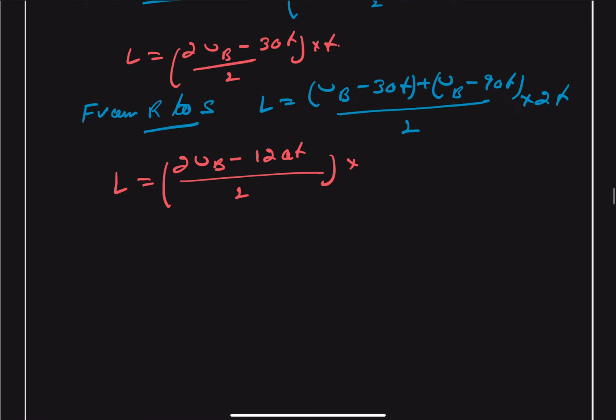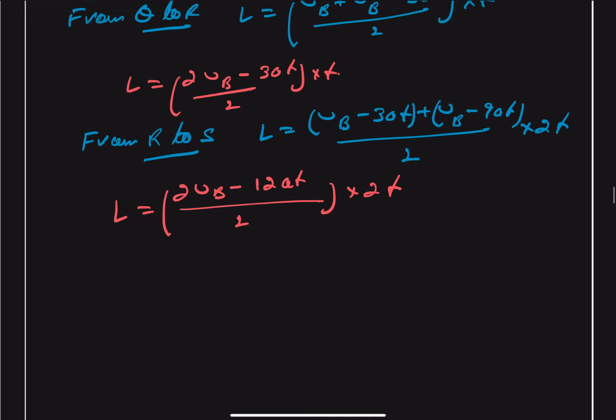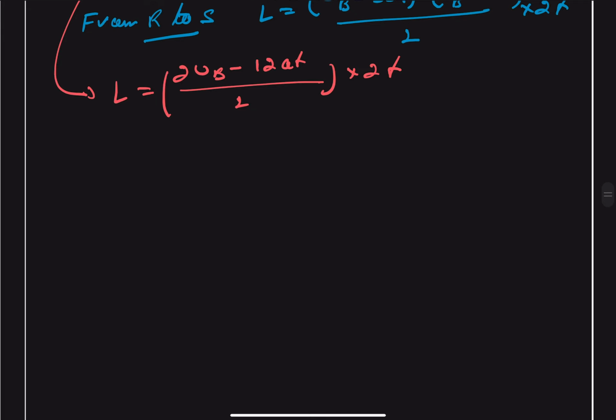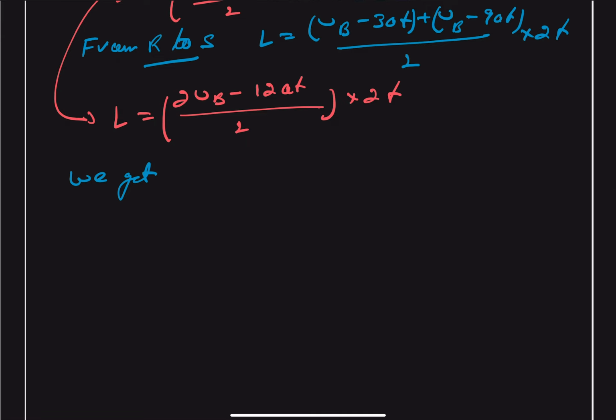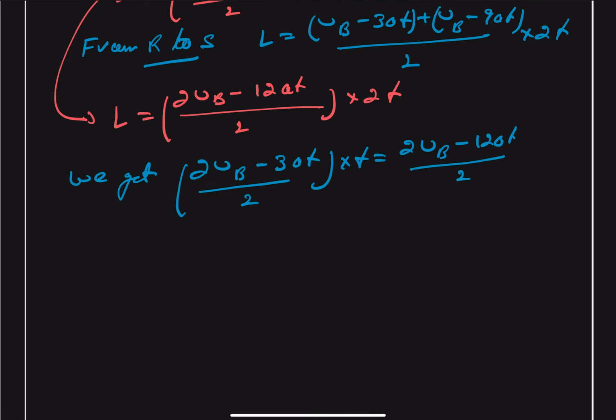Now we can equate these two equations. So we get (2VB minus 3at) divided by 2 multiplied by T is equal to (2VB minus 12at) divided by 2 and multiplied by 2t.